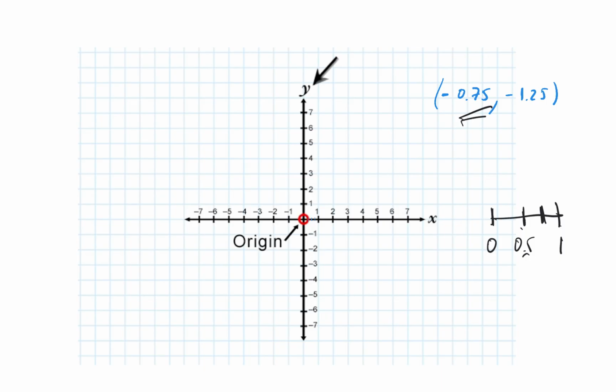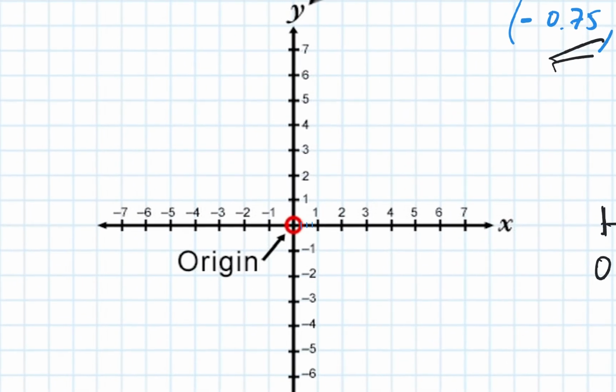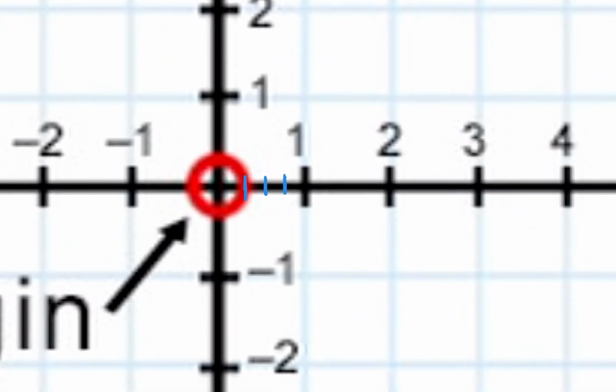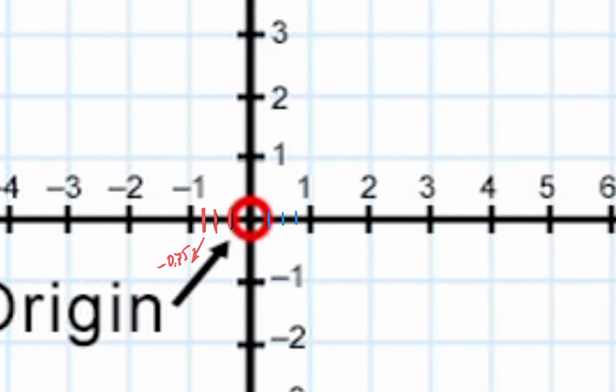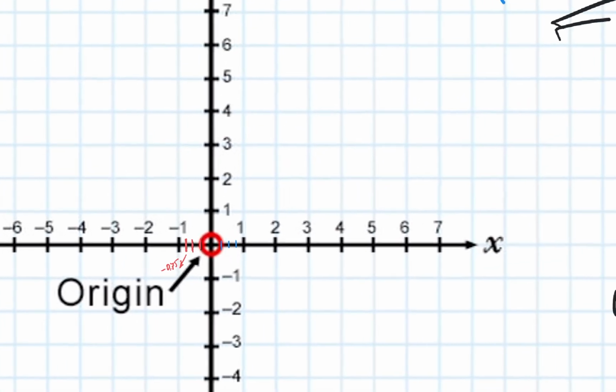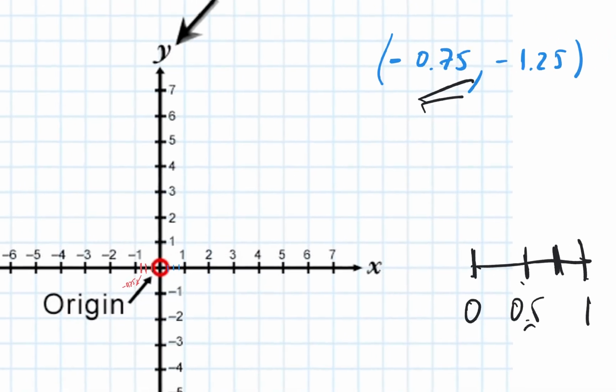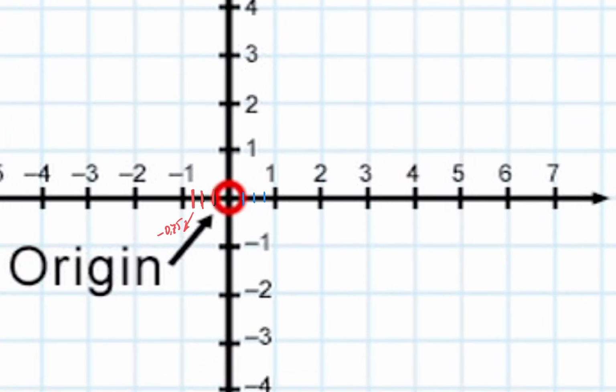So minus 0.75 is, let's do it bigger. You divide this in 4 parts. And now here, 1, 2, 3, here is minus 0.75. So the problem says that you need to represent minus 0.75, minus 1.25.